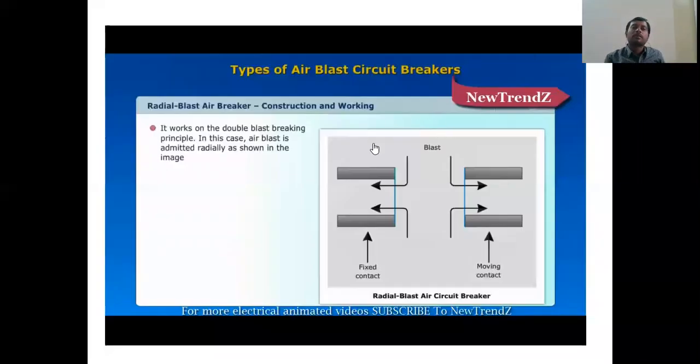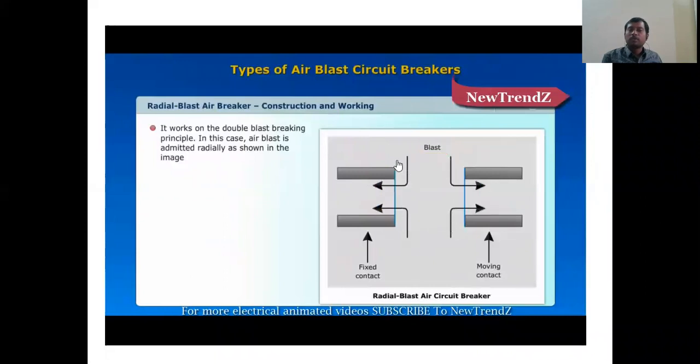So finally, the radial blast air blast circuit breaker construction will be like this, and the air will flow towards the contact in a double blast manner. It is working just like a double blast.